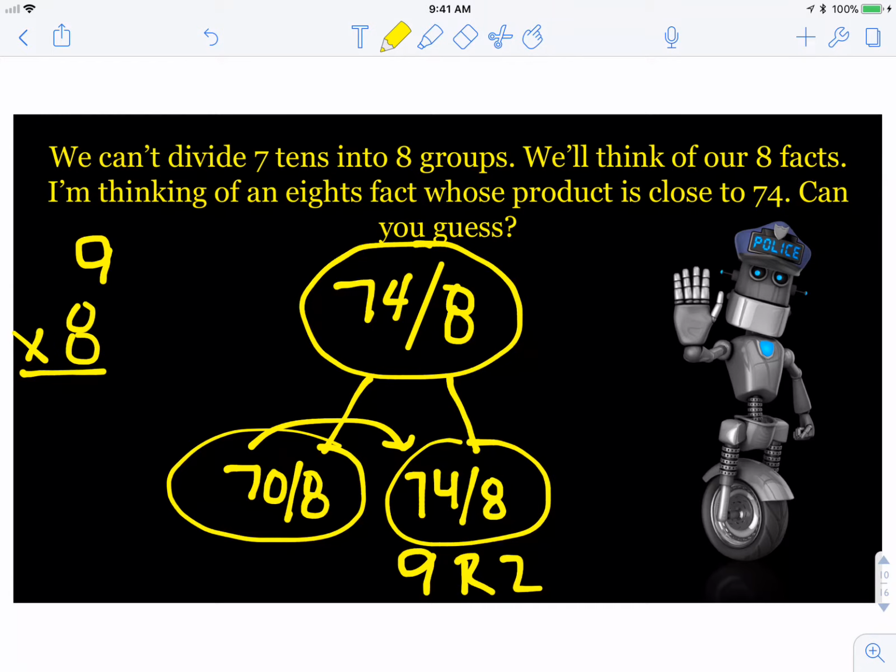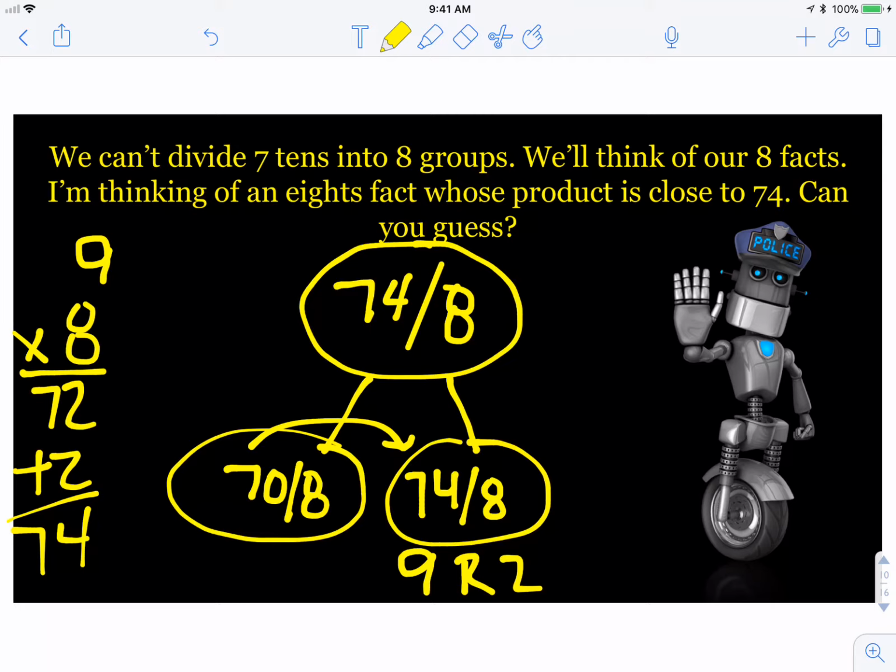I just took the dividend and multiplied it by the divisor, which does not work. Okay, so 9 times 8 is 72 plus 2 equals 74. Now, do you see how I keep messing up when I do that?